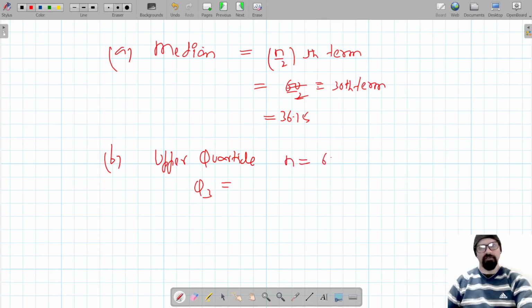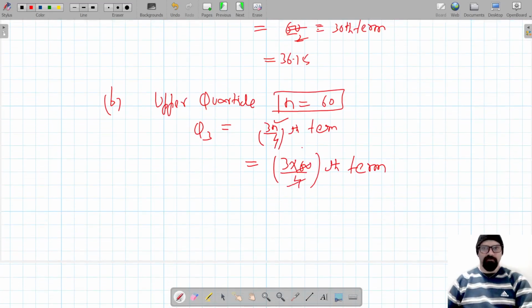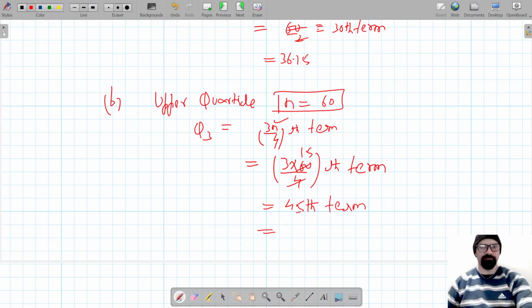Here N is 60, so replacing N with 60, this is 3 into 60 by 4 term, which is 180 by 4, the 45th term. So let's get the 45th term from the ogive.